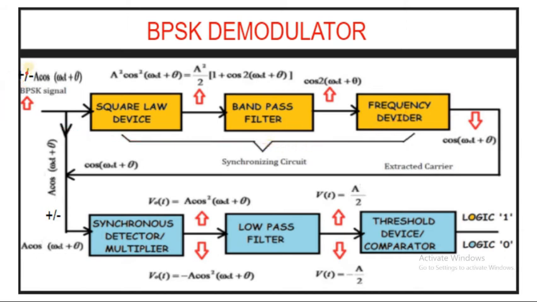The received BPSK signal plus or minus A cos omega c t plus theta is applied to the square law device. The output of the frequency divider is the extracted synchronous carrier cos omega c t plus theta.